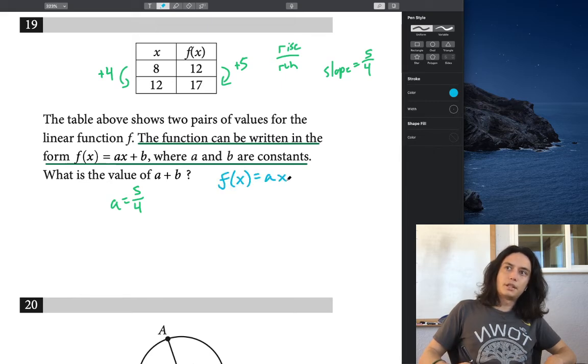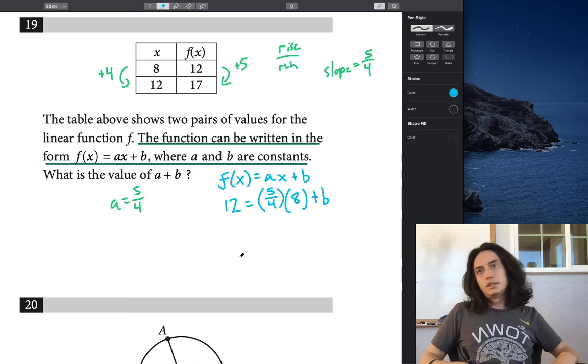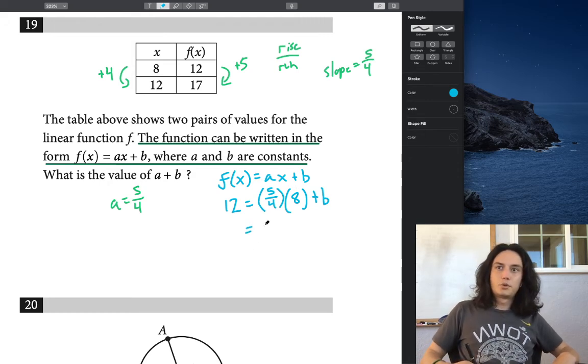f of x equals ax plus b. I'm going to plug in 12 for f of x, 5 over 4 for a, and 8 for x. And then we're going to solve for b. Well, 5 over 4 times 8 is 40 over 4.